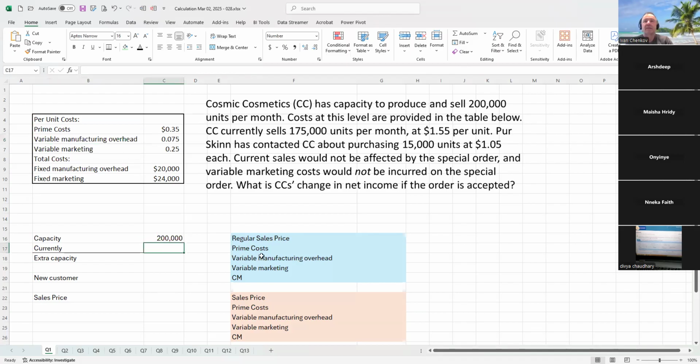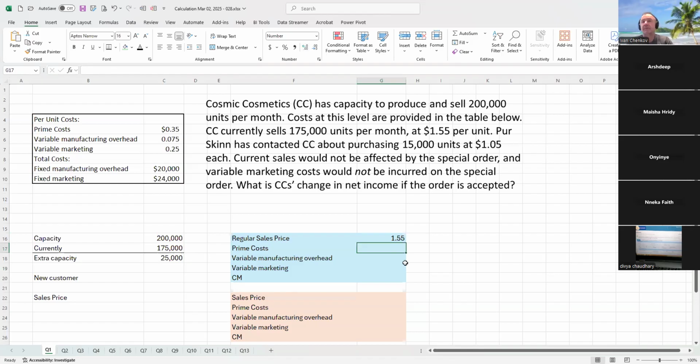Currently we're selling 175,000. So what's our extra or excess capacity? 25,000. This one minus this one, so we have 25,000 capacity. The regular selling price is 1.55.